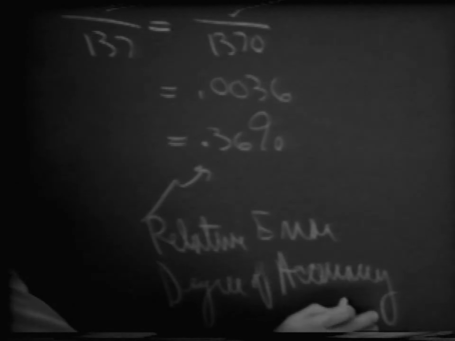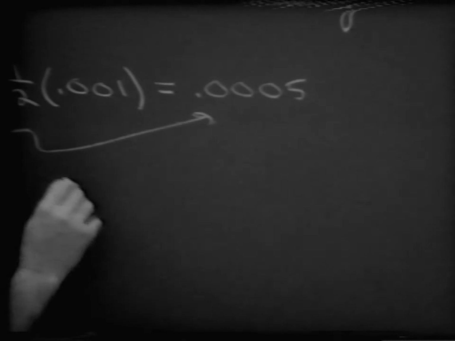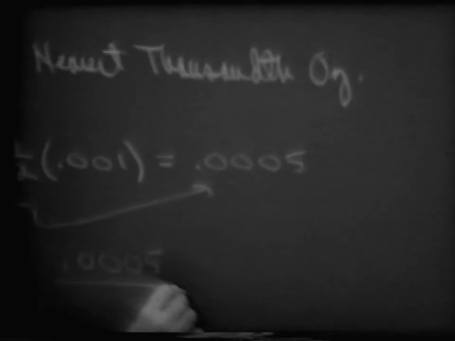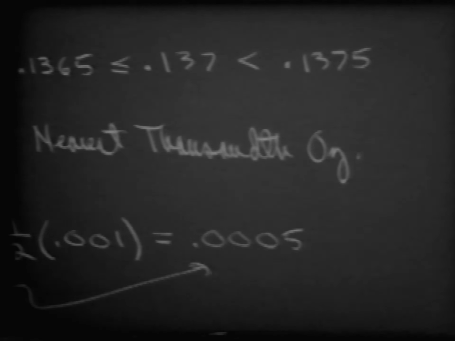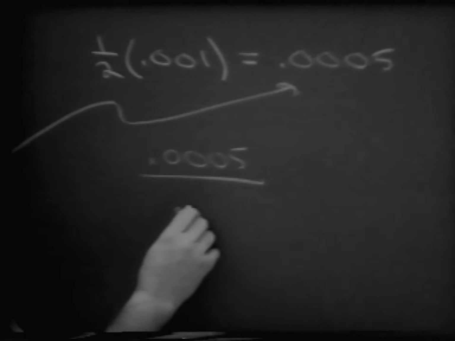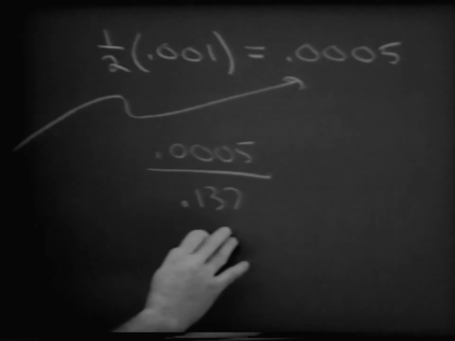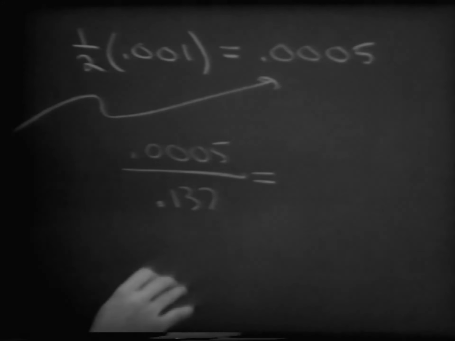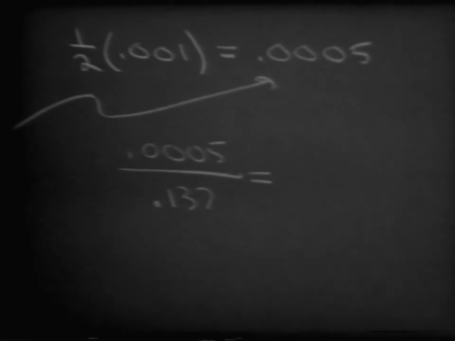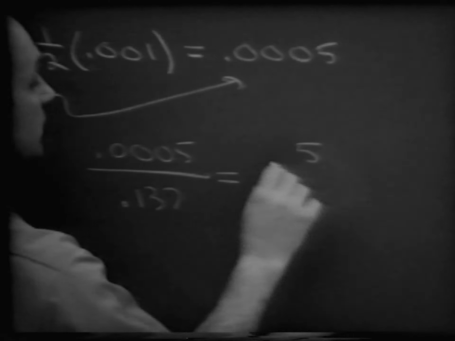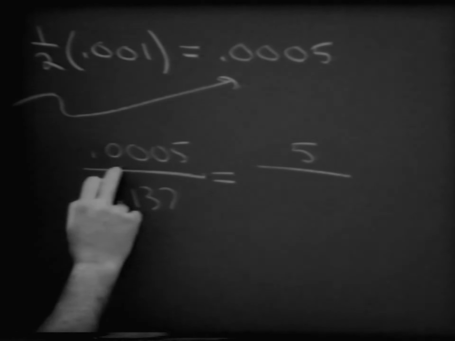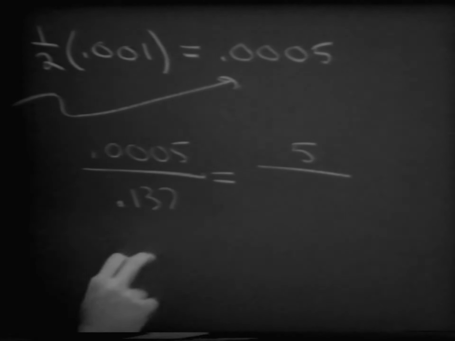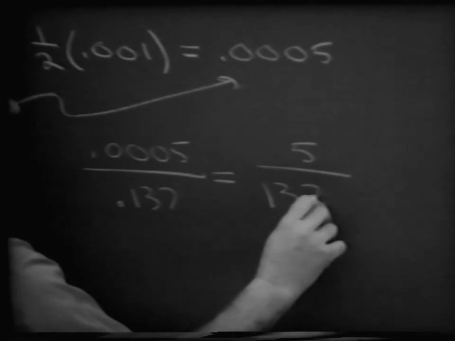Well, let's look at what the chemist's degree of accuracy is going to be. Again, it's the maximum possible error, 0.0005, divided by his actual measurement, which in this case is 0.137. Now let's multiply by another name for the number 1, which will be 10,000, and that gives us a 5. We moved our decimal point over 1, 2, 3, 4 places, so here we have 1370.